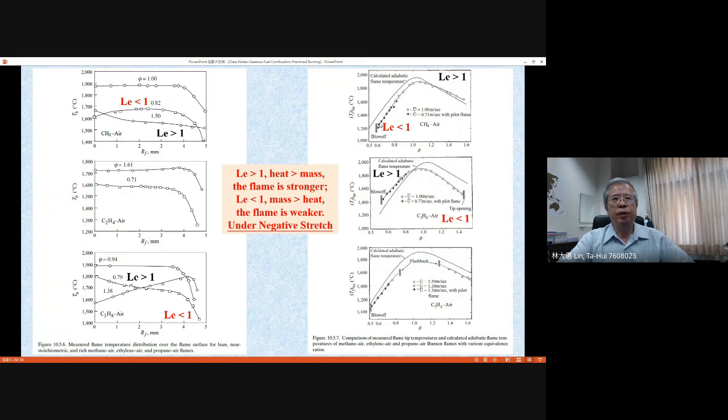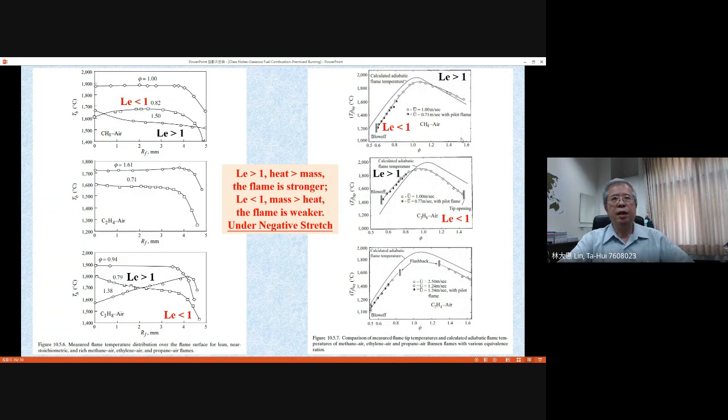Then the flame temperature should be lower than the adiabatic flame temperature, and the opposite on the rich side. The positive heat influence overcomes the negative mass influence. Okay, then the flame becomes stronger.